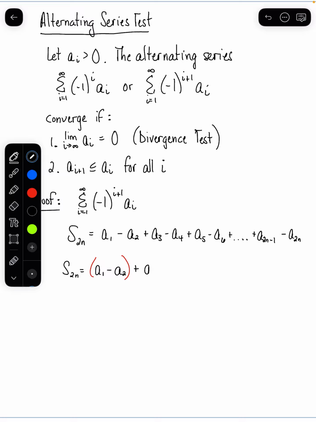And then I can take a sub 3 and negative a sub 4 and pair those together. And I can do this all the way down the line, right up to the very last pair, a sub 2n minus 1 minus a sub 2n.